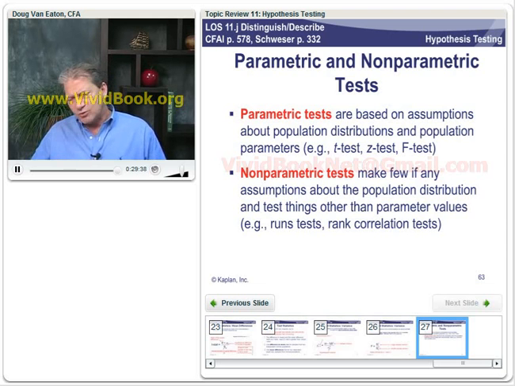If it's just random, we might see a zero correlation. If funds that do well in one quarter really tend to do well relative to their peers in the next quarter, then we'd see positive rank correlation. But again, this is based on ranks, not values of returns or anything. So it's a non-parametric test.